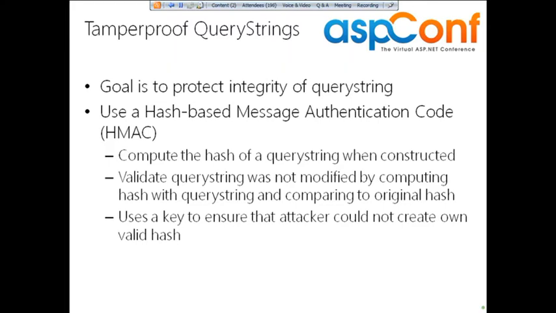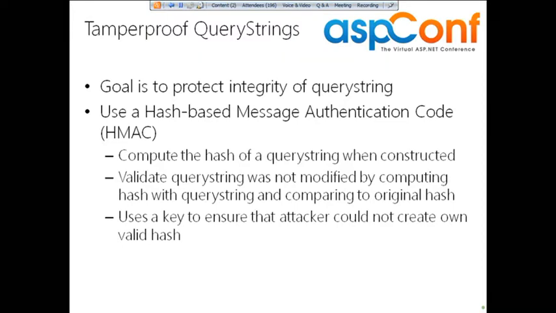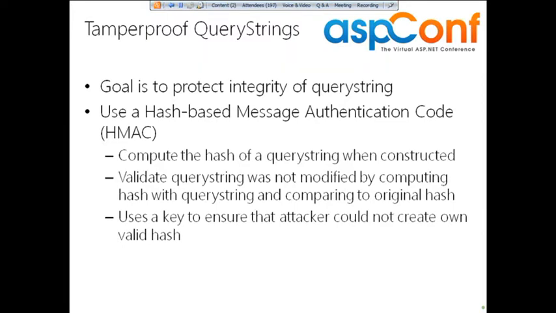So even though I'm putting ID values on my query strings, you're not able to tamper with those and take advantage of them. And I'm going to show you here at the bottom why you want to use a key to ensure that somebody can't break into this particular algorithm.